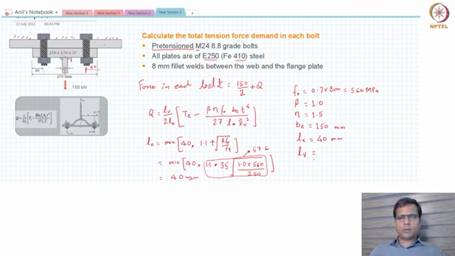So LV will be equal to 125 minus 40, minus 8 for the fillet, minus half of this thickness, 10, which will be equal to 67 millimeters.